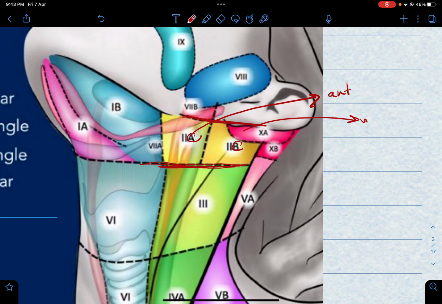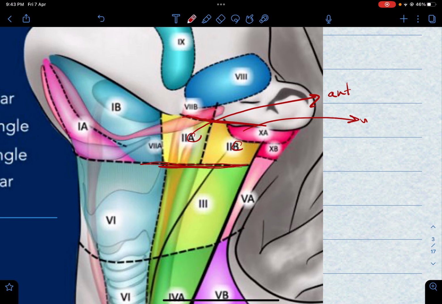So the base of the skull is the superior boundary of the level two lymph nodes. Anteriorly going to be the posterior digastric belly, and posteriorly going to be the... I don't know, but these are the most important boundaries that you gotta know.